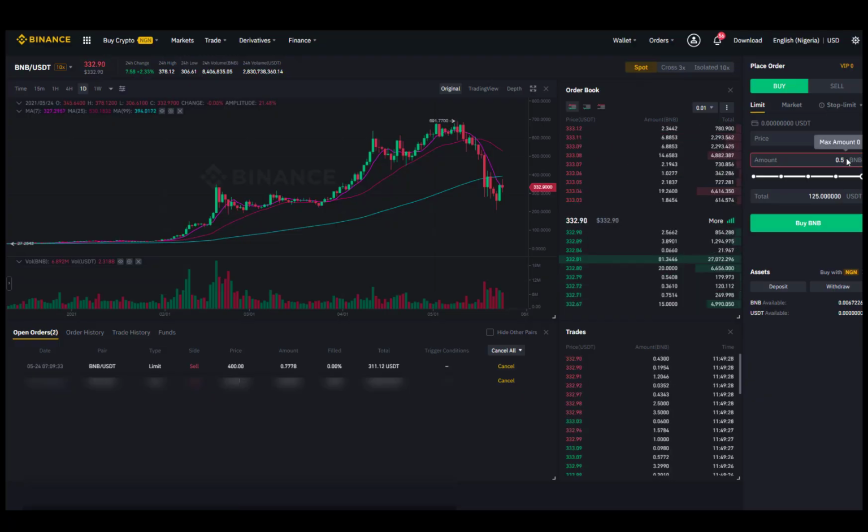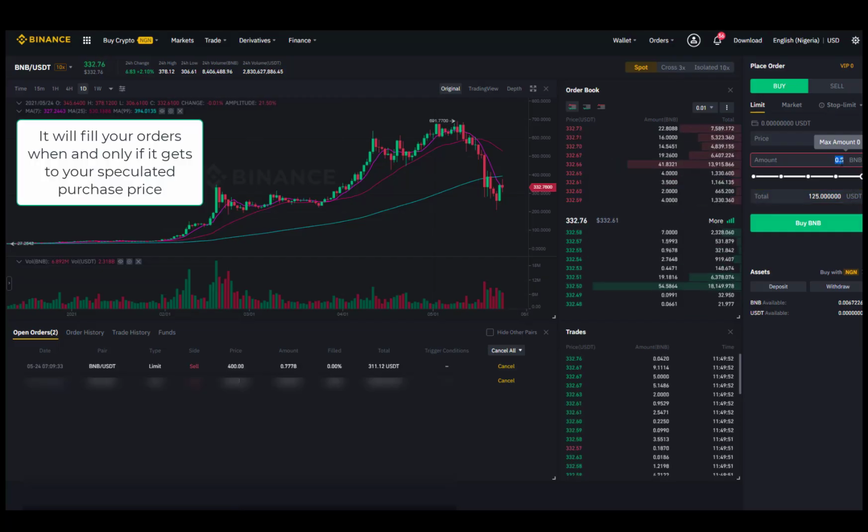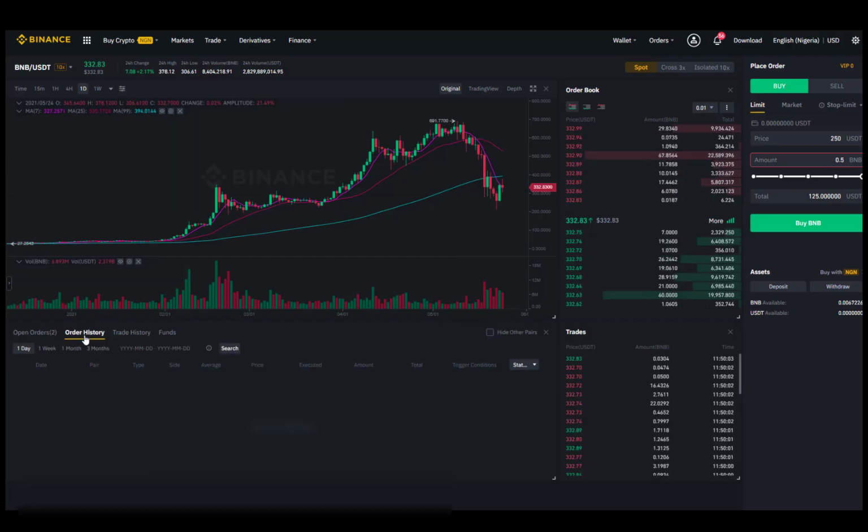And the reason why I prefer this option, especially when I'm not comfortable with the current market price, is because I can place my orders and go about doing other activities that are more important than sitting down by my desktop or my mobile phone and waiting for the price to get to $250 or whatever price I want to wait for. Okay, once you've done that and you've clicked on buy, it is going to fill your orders. Now, because I've already done an example, I'm just going to show you what it looks like in my order here.